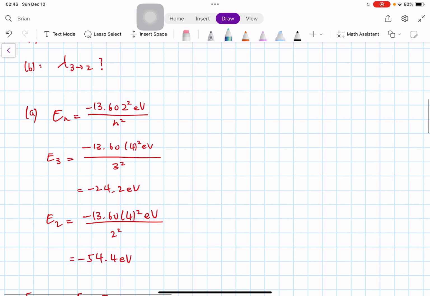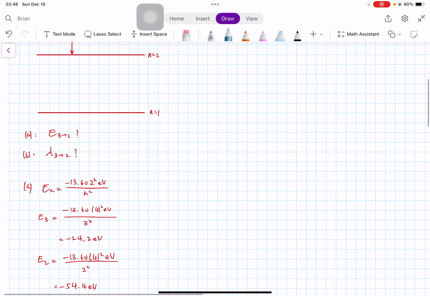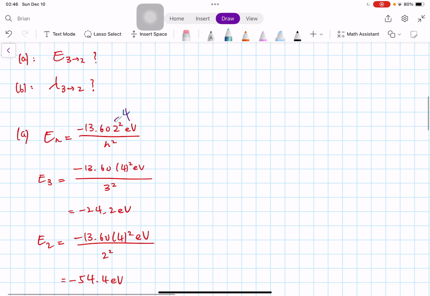So this is the equation that we have for a hydrogen-like ion, and because beryllium has 4 protons, Z would be equal to 4. Sorry, n would be the number of the state, and Z would be equal to 4. So if I plug in to find the energy of the third state, n equals 3, this would be 3 and this would be 4.